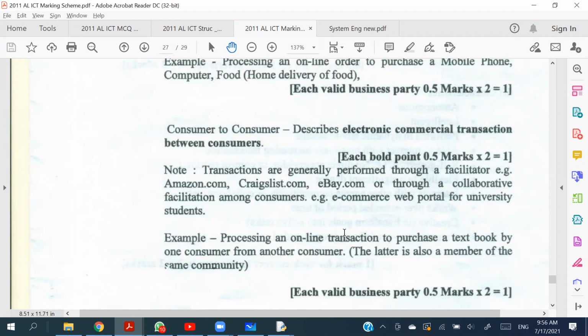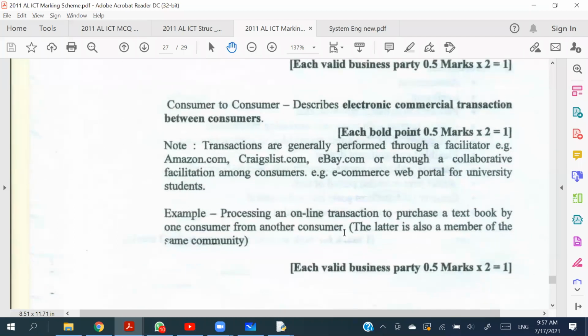You can clearly say, a person selling his mobile phone online to another person who is going to use it for their personal usage. Likewise, you can give many different examples.